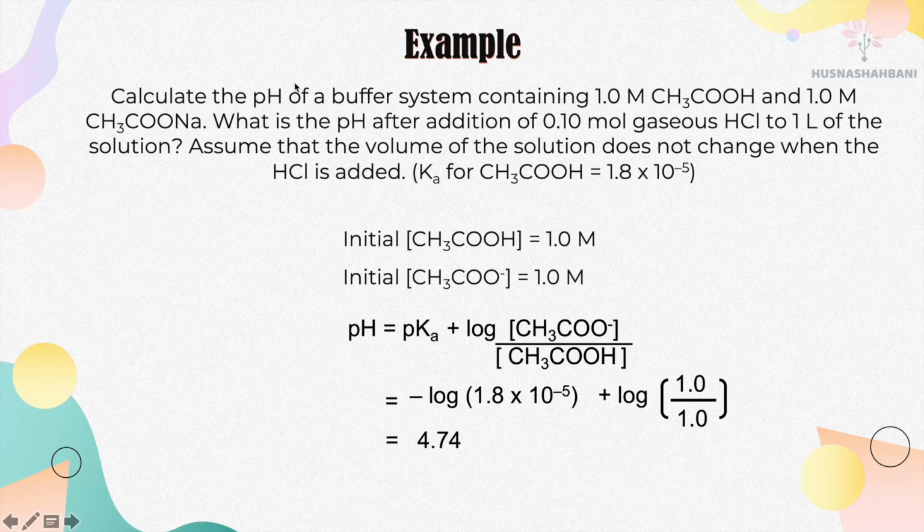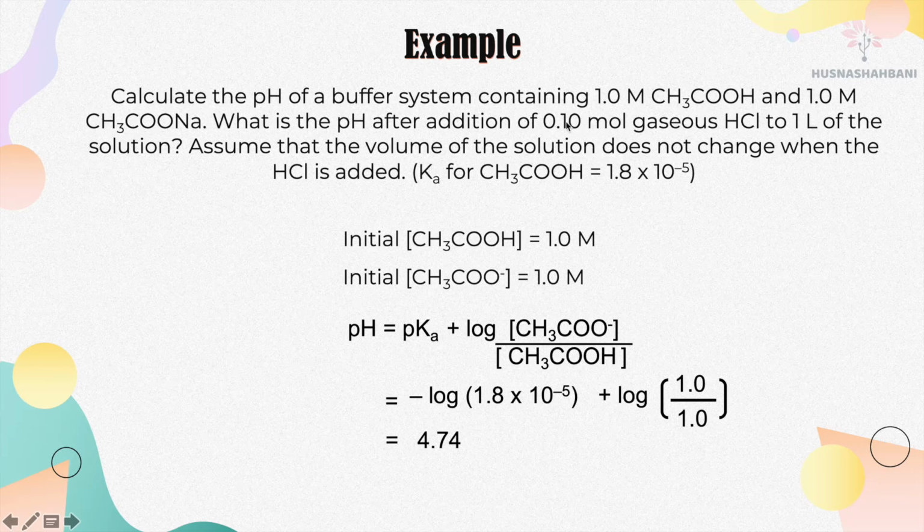Example: calculate the pH of a buffer system containing 1 molar CH3COOH and 1 molar CH3COONa, given the concentration of weak acid and the concentration of the salt. The question asks us to calculate the pH of it, and what is the pH after you add 0.1 mole of gaseous HCl to 1 liter of the solution.